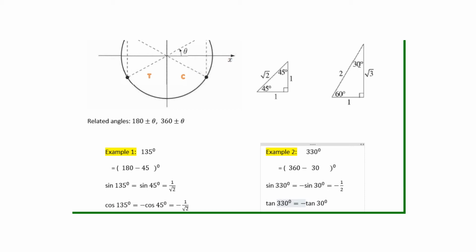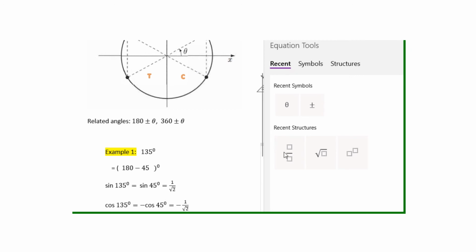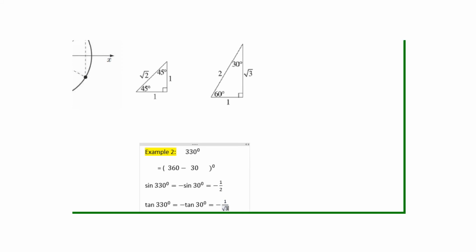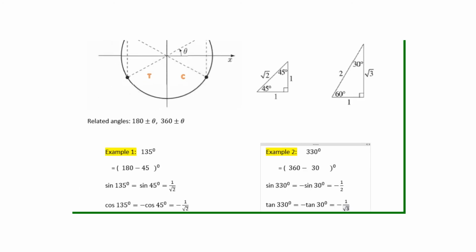So 30 is here, tan 30 is O over A. So 1 over root 3, and we know it's negative, so negative of 1 over root 3. Okay, right? So firstly, work out the related angle. Use a unit circle or All Stations to Central rule to work out if it's positive or negative, and use one of these two triangles to work out the exact value.